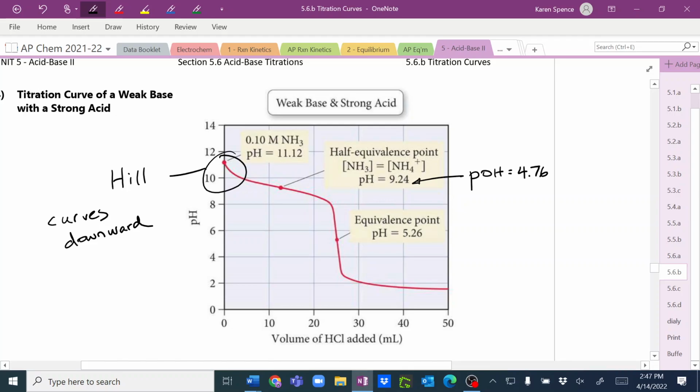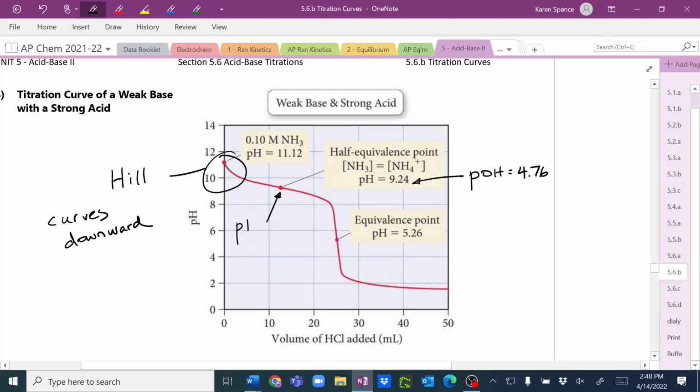What could we figure out from that at our half equivalence point? We could figure out the pKb.